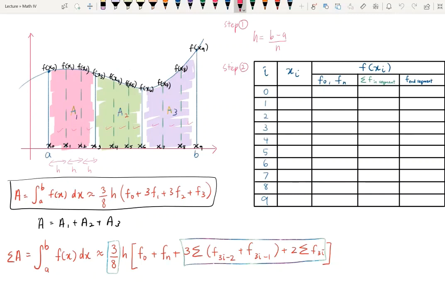Then sekarang kita ada 3 column yang berbeza, sama juga macam one-third rule tu. But you need to know which column you should put your fx value. Let's see one by one. Okay, for the first row with I equals to 0, if you still remember when we do the examples for the one-third rule, we take out the function from the questions. Okay, for this case our function is here lah.